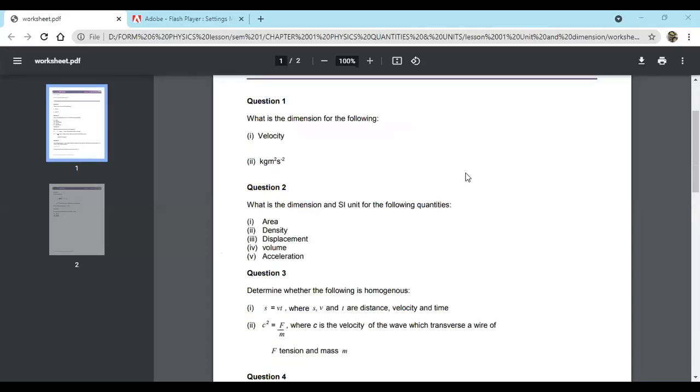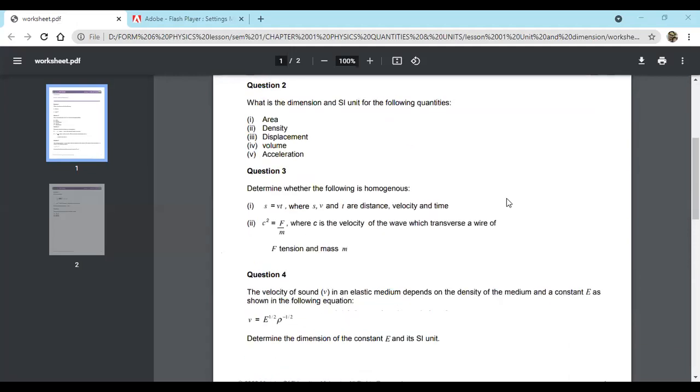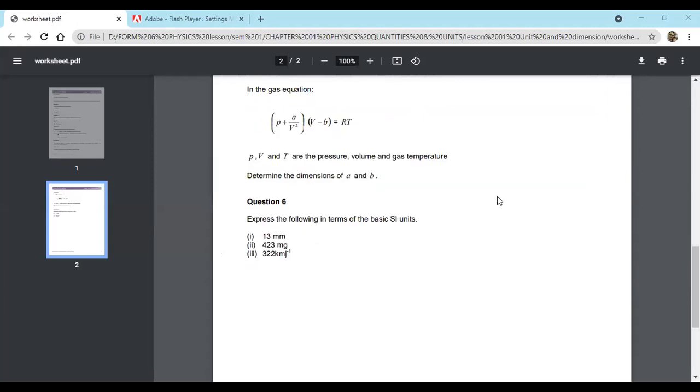This will be the worksheet 1, Unit and Dimension. You try to solve the questions on unit and dimension. Later, I post the answer. You solve the questions first, then you check the answer yourself. Okay, so we stop the lesson here and we continue again next lesson.